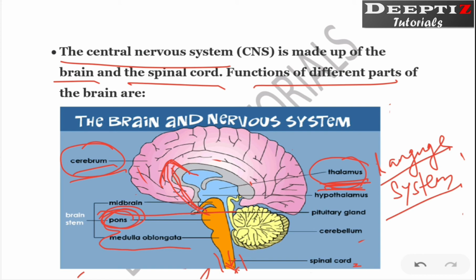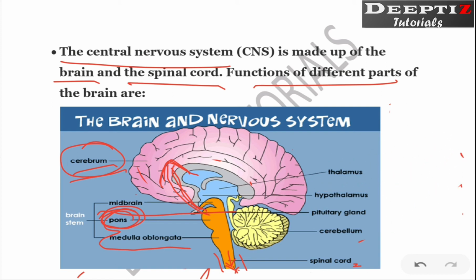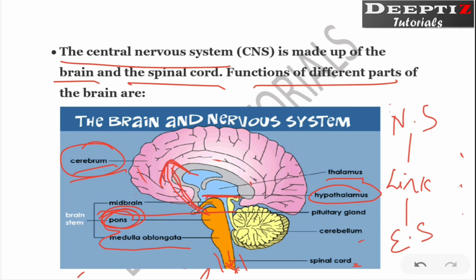Now another important portion is the hypothalamus, which is located just below the thalamus. This hypothalamus is a connecting link between nervous system and endocrine system. What is endocrine system?